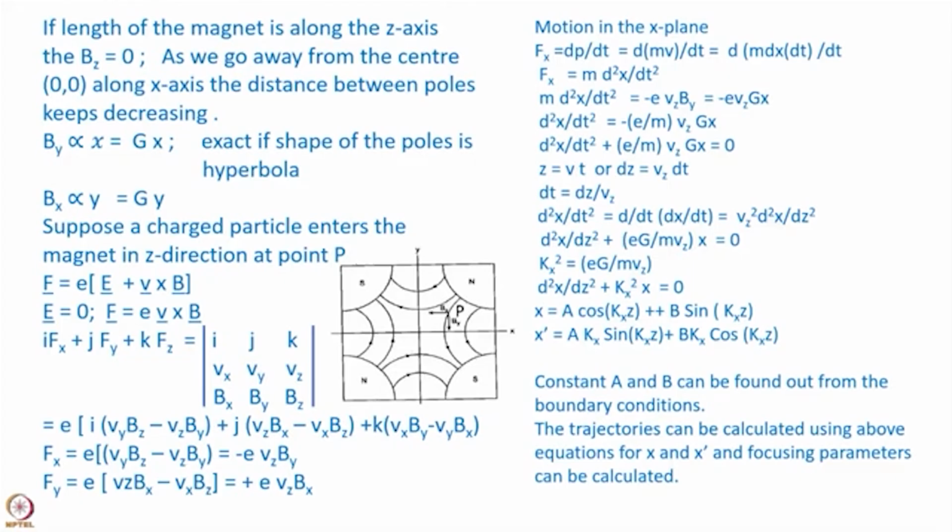Here this is velocity and this is magnetic field, and as I mentioned, we are assuming that velocity is along the Z axis, so this will be 0, this is 0, and this will be V. So you can write that Fx is equal to minus charge times Vz, the Z component, which, as I said, if the velocity is in that direction, will be equal to V, the velocity, into the Y component of the magnetic field.